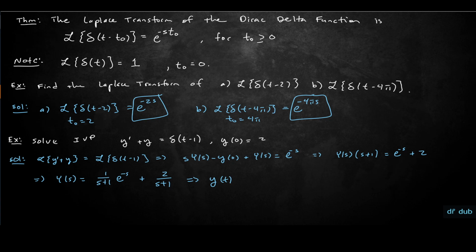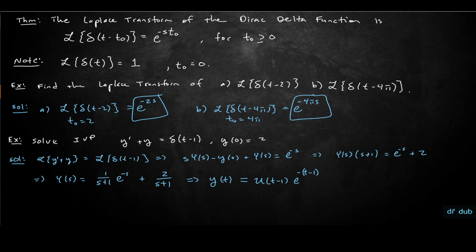And now take the inverse transform to get y(t). Well, the first part has an e to the negative s, so I know that's going to go back to u(t - 1). And normally this would go back to e to the negative t, but I can't just put negative t, I have to put negative (t - 1) because it's multiplied by that e to the negative s.